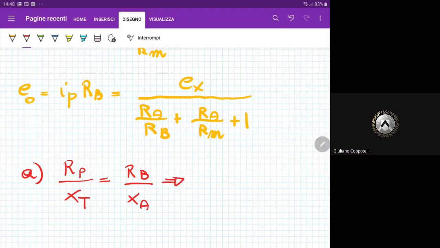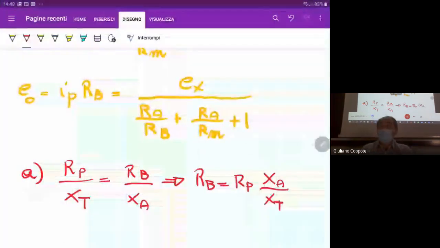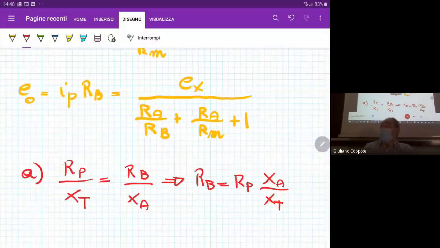And that is telling me that if you would like to have the information of the actual resistance, that is equal to RP times XA over XT. That is, the actual resistance is a fraction of the actual displacement with respect to the overall displacement.